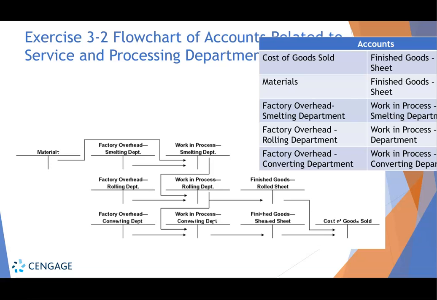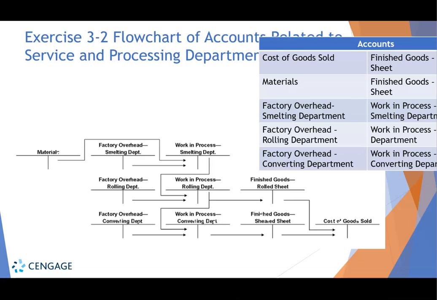then there will be two things that can happen. One is a portion of that rolling department goes into finished goods. And then when those finished goods are sold, then they get credited out of the finished goods for the rolled sheets and go into cost of goods sold. But then also a portion of that WIP in the rolling department moves on to another process called the converting department.